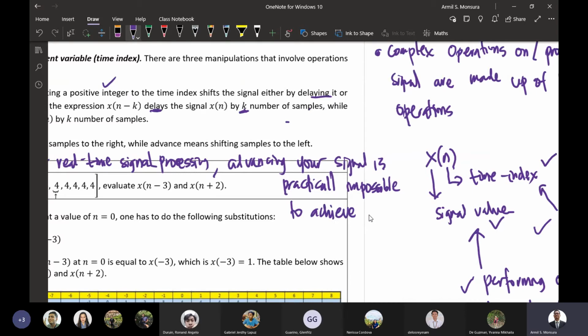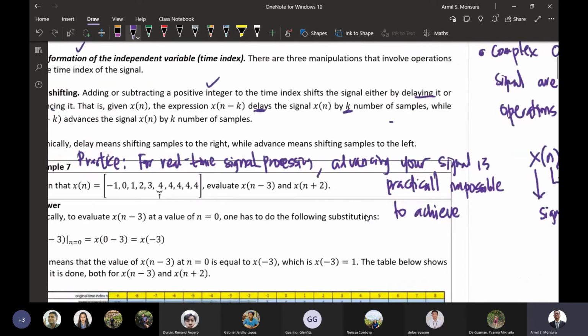So kung ang processing niyo ay real time, you can never perform signal advance operations. Hindi kayo makakapag-perform ng signal advance operations kapag real time yung signal processing niyo. For the obvious reason na signal advancing involves pulling your signal value ahead of time.